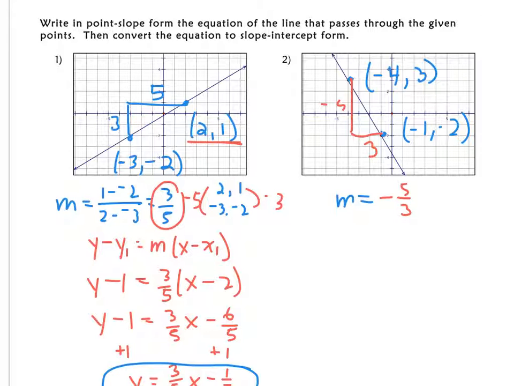Okay, I'm going to write my equation in point-slope form. So reminder, y minus y1 equals m times x minus x1.